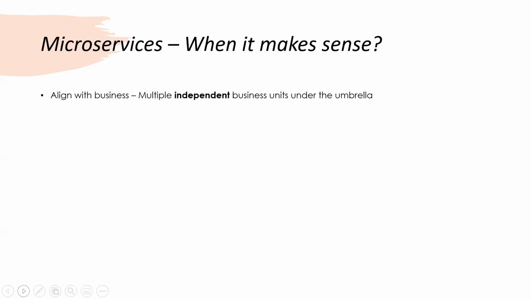So unless your business organization aligns with the independent operational approach, wherein each division can operate independently and need to collaborate only when there is a necessity to service the end customer, then usage of microservices architecture doesn't make sense.